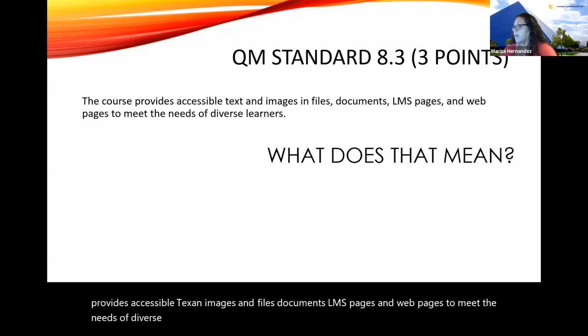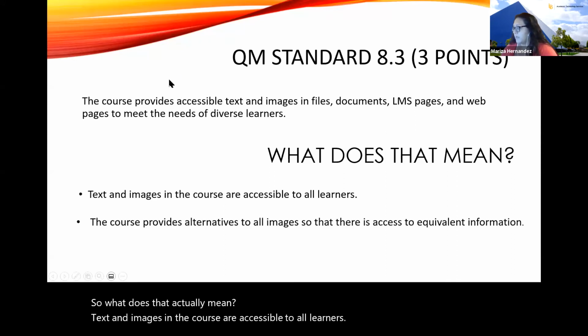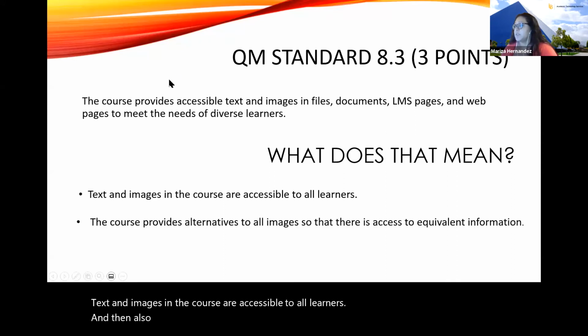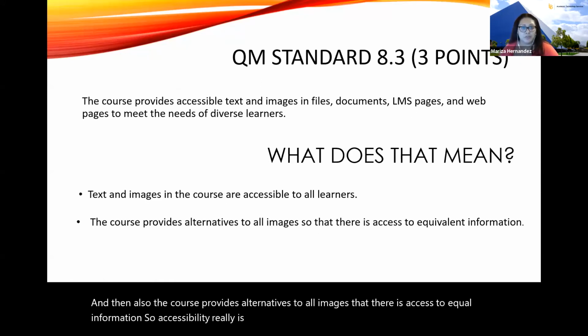So what does that actually mean? Text and images in the course are accessible to all learners, and the course provides alternatives to all images so that there is access to equal information. Accessibility really is providing equal access to all of your students, regardless of whether there is a disability or not.